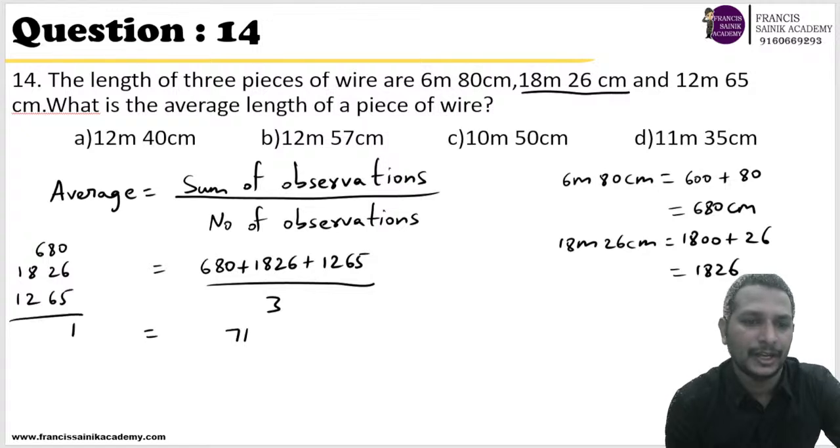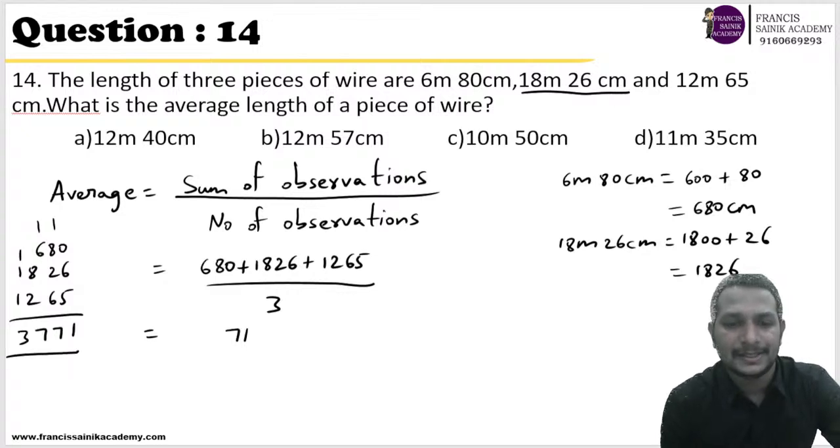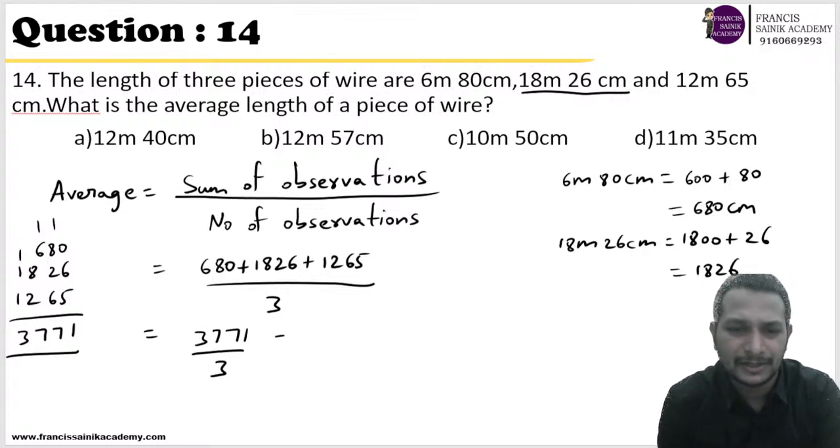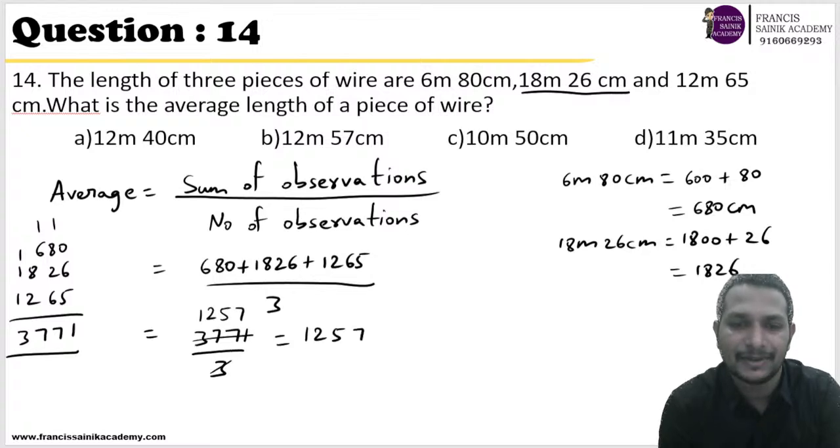The sum divided by 3, and here I need to cancel the 3 table, and we get 1257 centimeters.